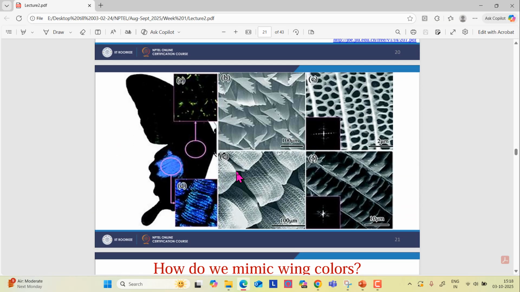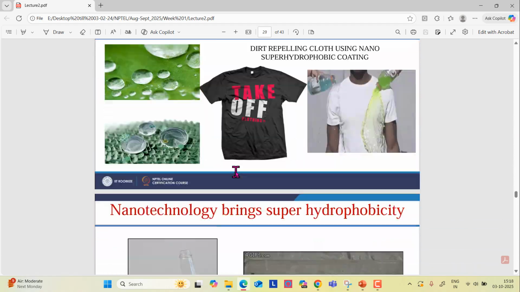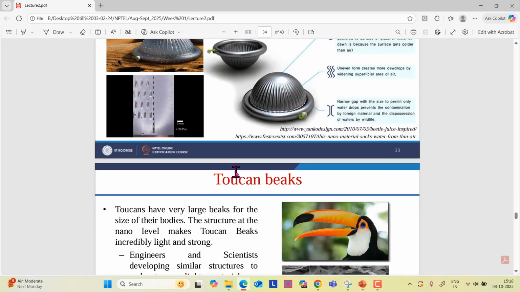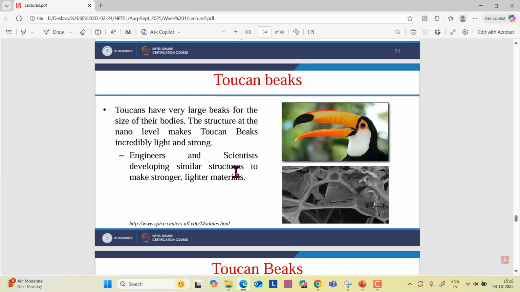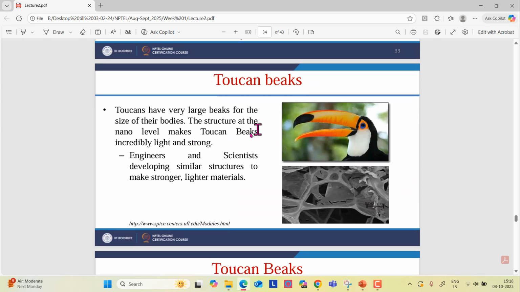So what about this? The structure at the nano level makes toucan beaks or woodpecker beaks incredibly light and strong.